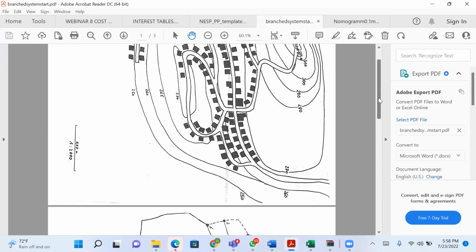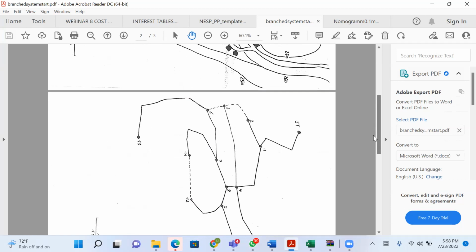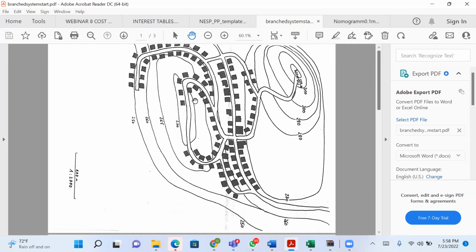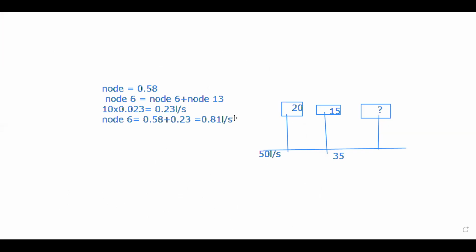If you go to node 7, node 11, what is the demand for node 11? Let's see, 1, 2, 3, 4, 5, 6, 7, 8, 9, 10. There are 10 houses. So node 11 will be 0.023 times 10, yeah?